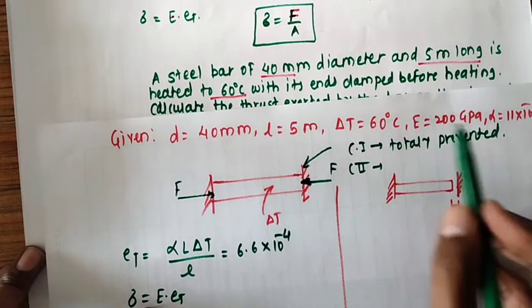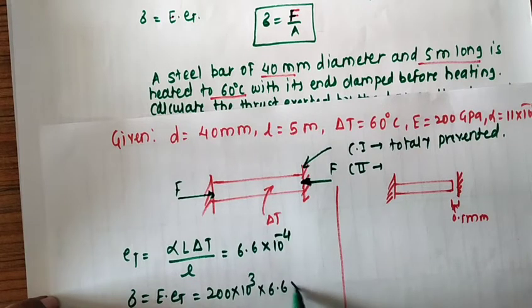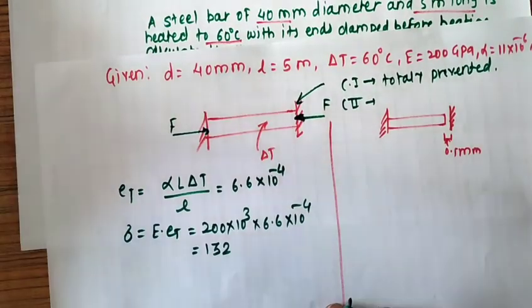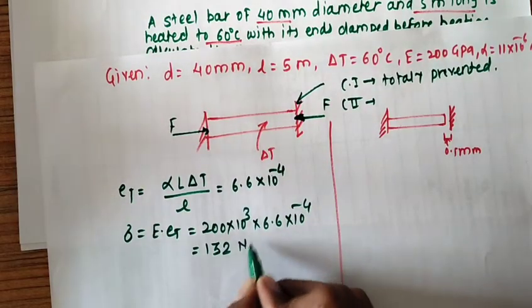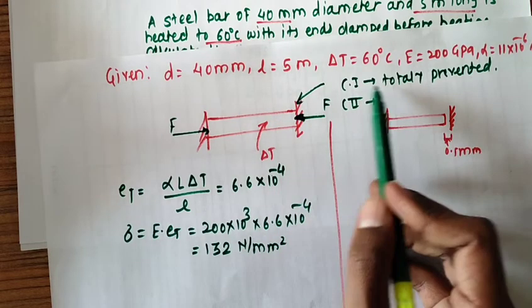So modulus of elasticity is given as 200 GPa. So we'll put in 200 into 10 raised to 3, because we are putting in MPa, into your thermal strain value. It is 6.6 into 10 raised to minus 4. If we solve this, we get thermal stress equal to 132 Newton per mm square. So we get the thermal stress. Now how to find force?